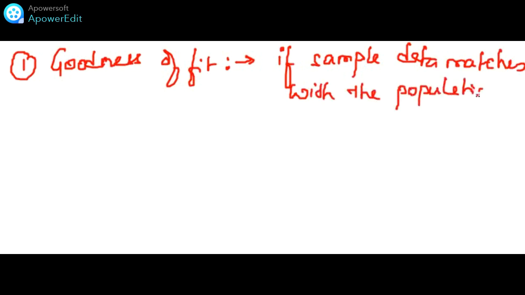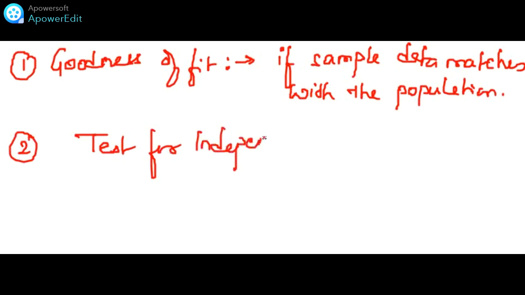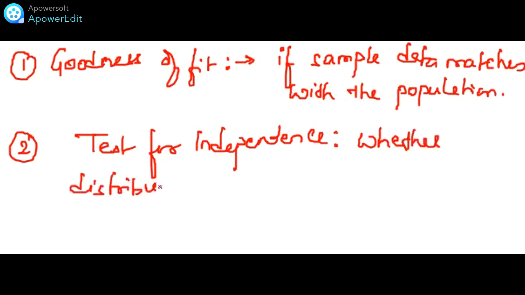And what about the chi-square test for independence? It tests whether the distribution of categorical variables differs from each other. We will discuss it more when we solve more questions.